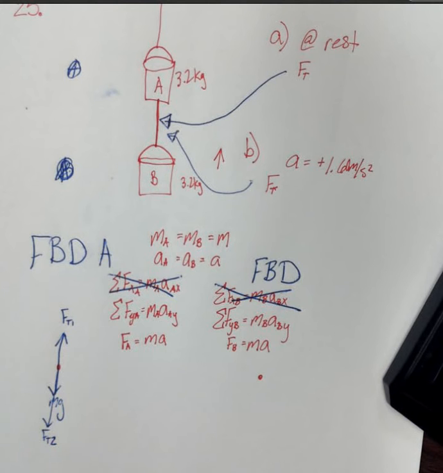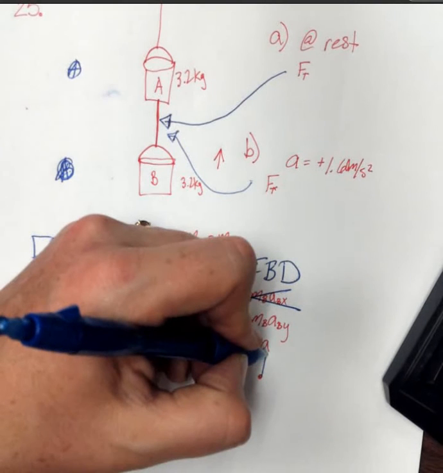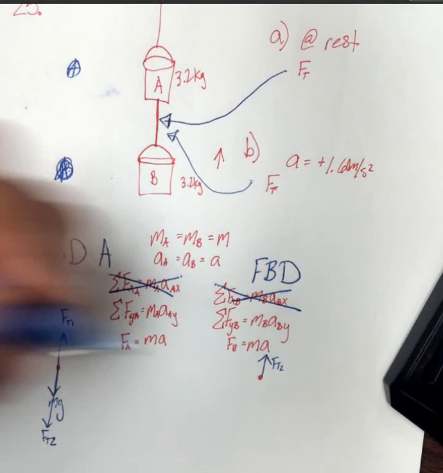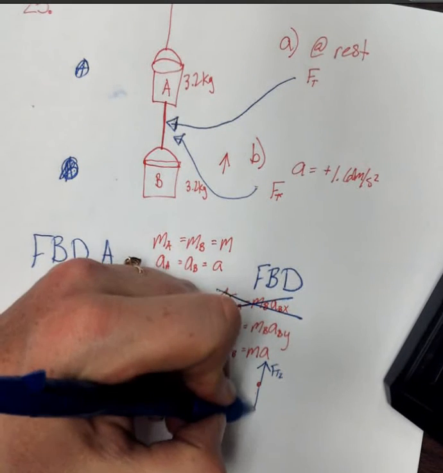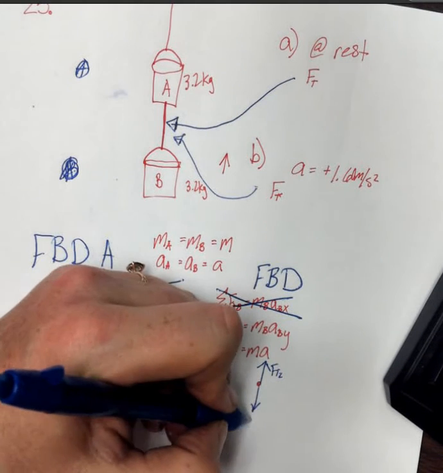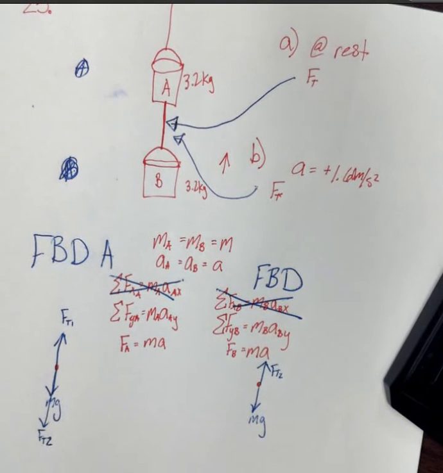For bucket B, there's the force of tension 2, and then there's the weight of the bucket.